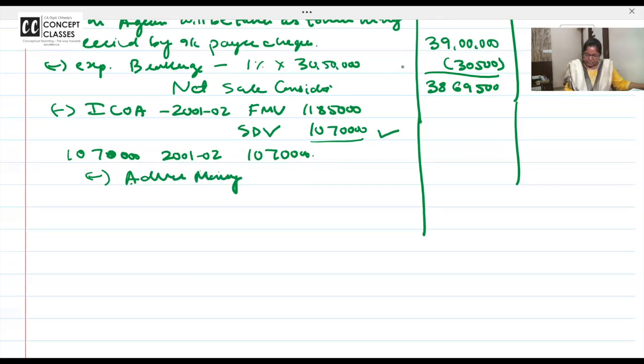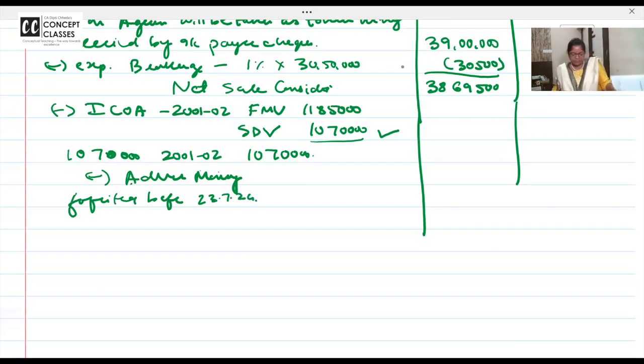advance money forfeited before 1st April 2014. If the advance money is forfeited before 1st April 2014, then reduce that from the cost.